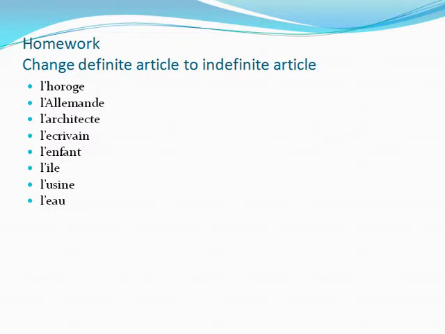L'eau. You're going to change the water to a water. Or some water. No, you're going to change it to a water. L'homme. You're going to change the man to a man. L'étudiant. And change the student to a student.